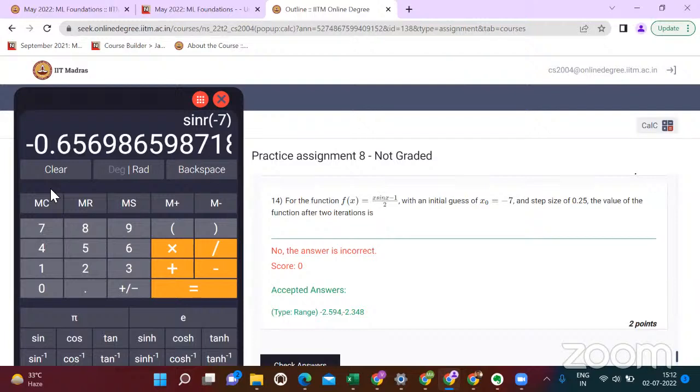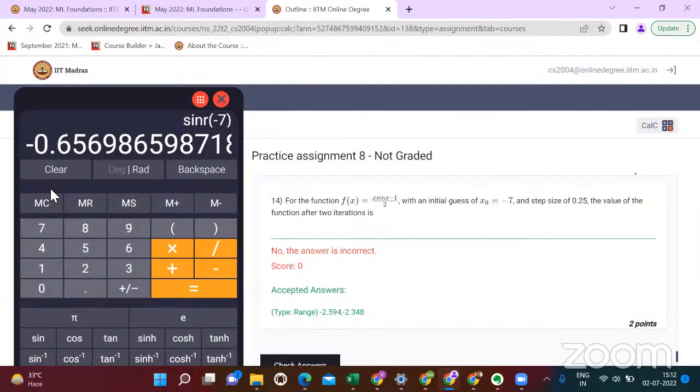What is the error in this? I got it. I wasn't putting brackets, so I wasn't getting the right values. Okay, fine, so there is no problem from the calculator. Thank you, sir.